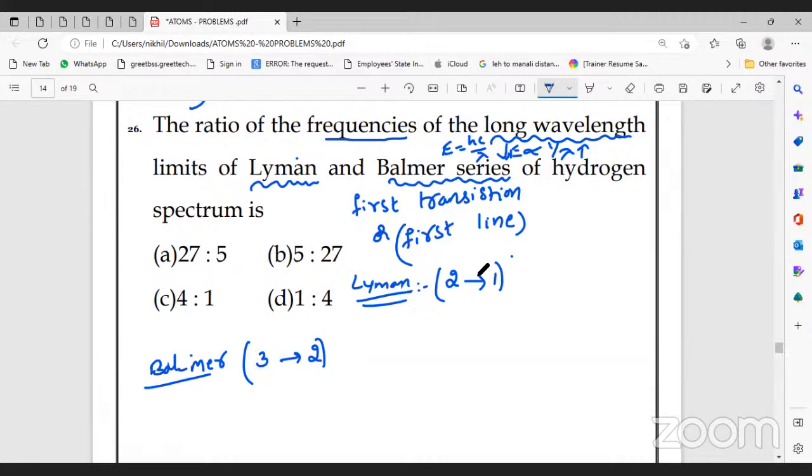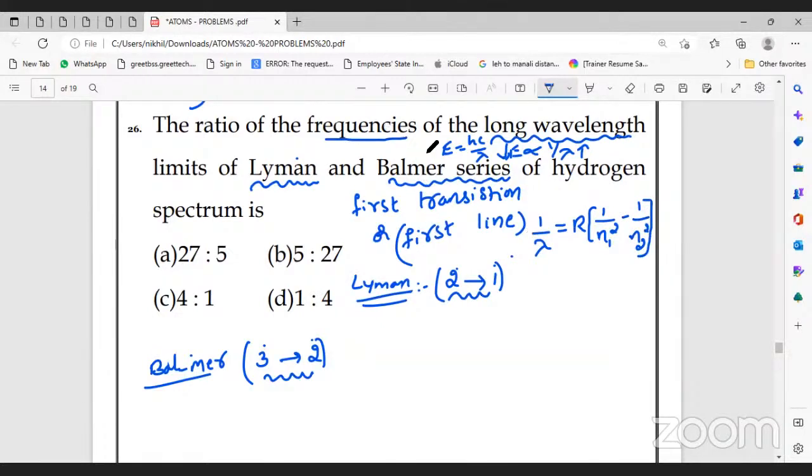So Lyman series belongs from 2 to 1, Balmer series belongs from 3 to 2. This is the first line of the Balmer series, and this is the first line of the Lyman series. Now, you know the formula: 1 by lambda is equal to R into 1 by N1 square minus 1 by N2 square.